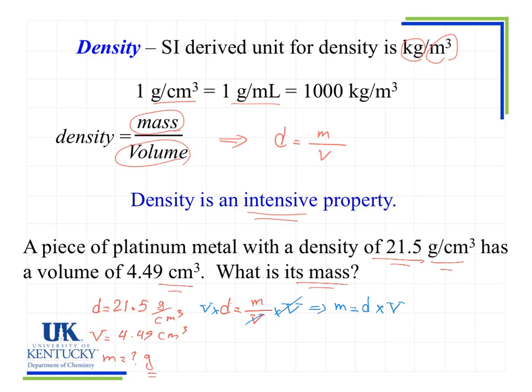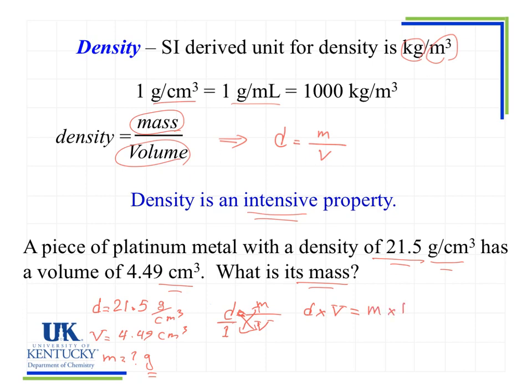So instead of that, let me erase this. Okay, so density equals mass over volume. Always remember that when you have an equality, and if I give 1 here, if you multiply this cross, you have D times V equals M times 1.